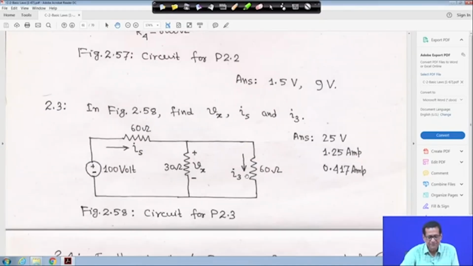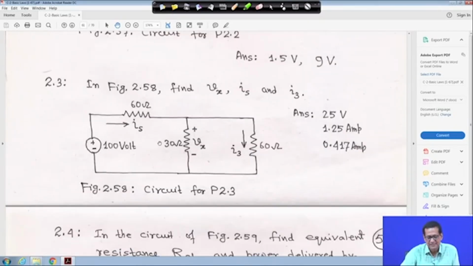Then the next problem, in this case it is a series parallel circuit, 2 loops are there, right. You have to find out Vx, Is and I3, right. This voltage is Vx, this voltage is Vx, right, and this is your Is, and an independent voltage source of 100 volt is there, and you have to find out Vx, Is and I3.